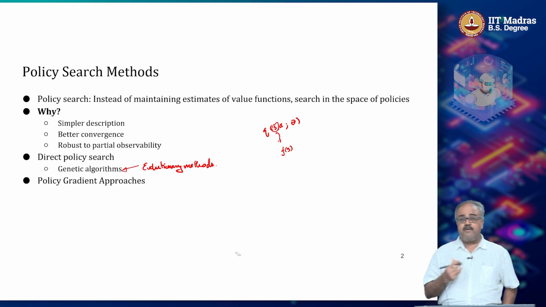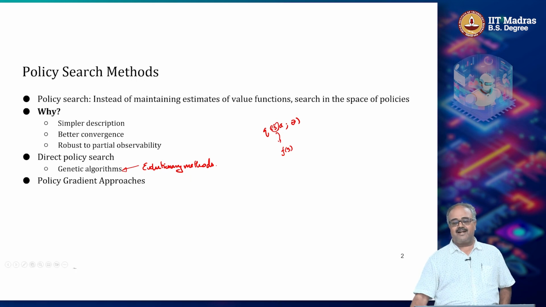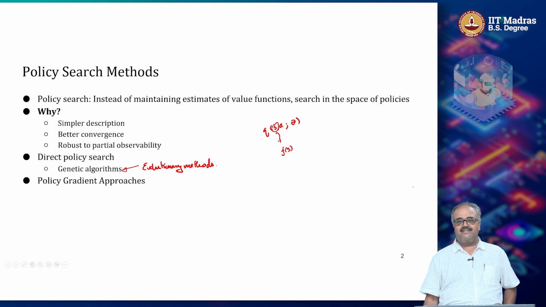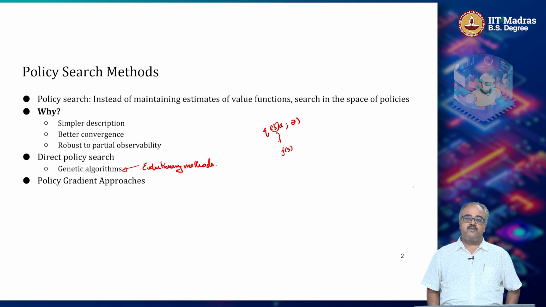I will not be going over evolutionary methods in this course. If there is ever an advanced RL course, we will see all of these in that. But I am just giving it to you as a potential direction you could look at. So, there is a whole bunch of approaches that directly search in the space of policies.